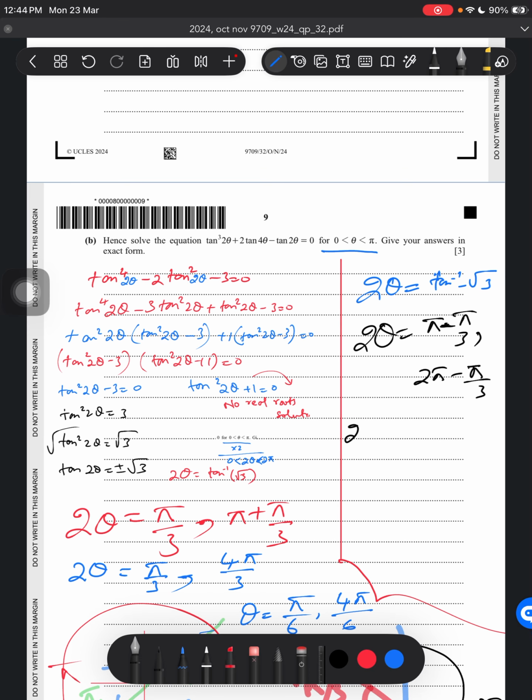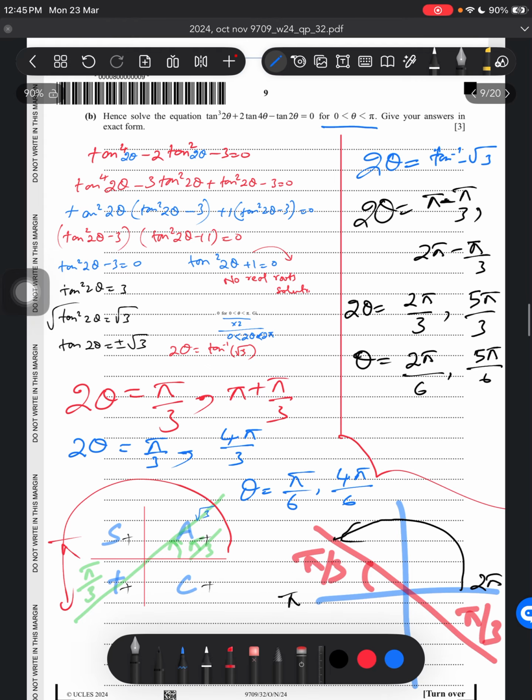So you would have 2 theta, this would give you 3 minus 1 is 2, so 2 pi by 3, and the other value will be 3 times 2, 6, 6 minus 1 is 5 pi by 3. This would also give you the other values, that would be 2 pi over 6 comma 5 pi by 6.